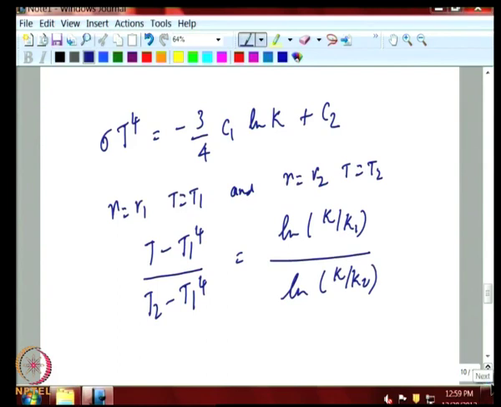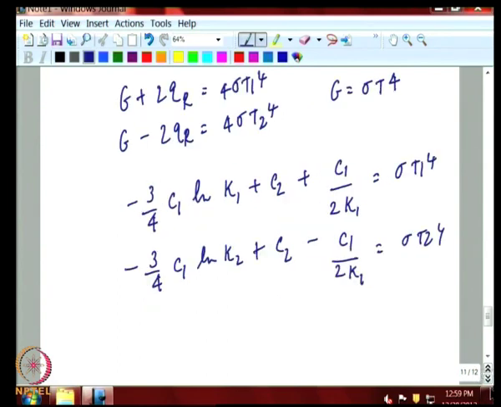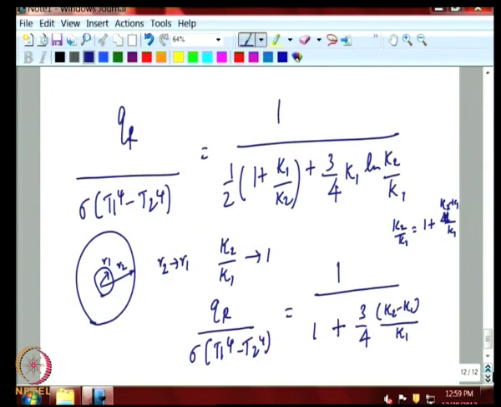And the fact that Q is not invariant influences the final solution, and we get a result which is somewhat different from what we got for the plane parallel case, but we are able to show that in the limit as kappa 2 by kappa 1 approaches 1, then of course we recover that original result.